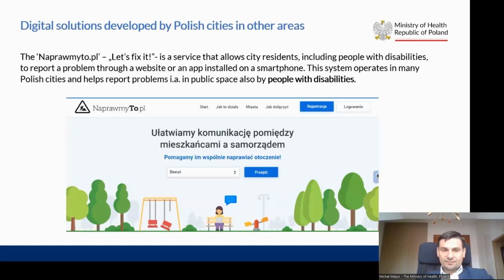It's a service that allows city residents, including people with disabilities, to report a problem through a website or application installed on a smartphone. This system operates in many Polish cities and helps report problems, for example, in public space, also by people with disabilities.